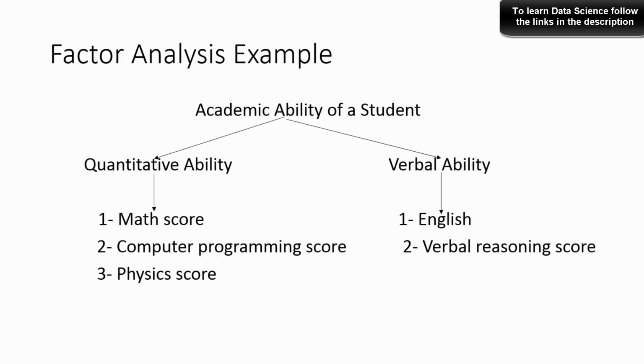Well, to give an example and to understand it better, for this particular illustration, I have taken the question: how do we measure the academic ability of a student? Well, we can measure it basically by 2 means.